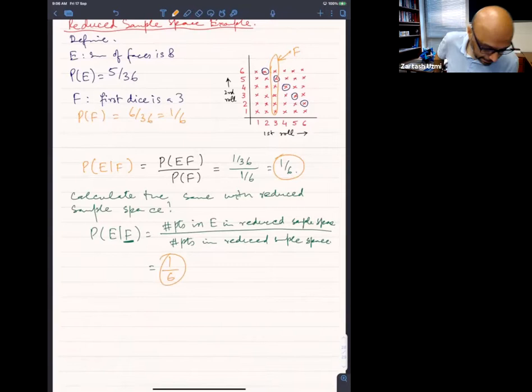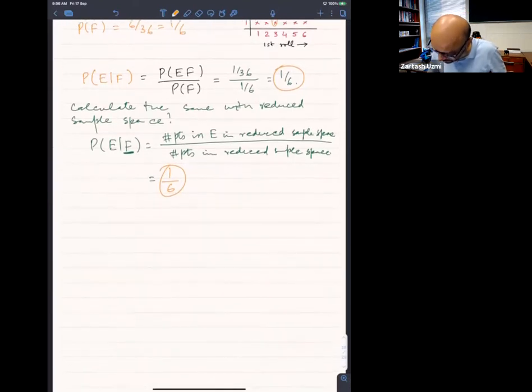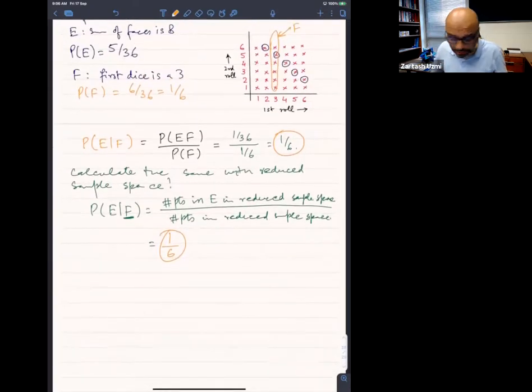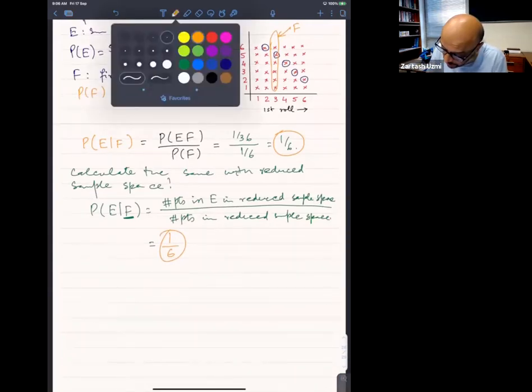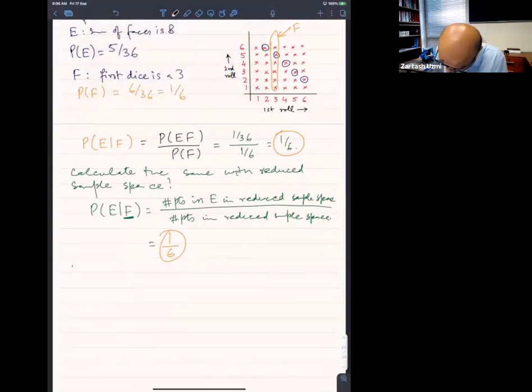So I'm going to close this example, but before I do that, we drew this, copy-pasted it from above, so let's ask one more question here. Let's define an event H. Let's define an event H that the first dice shows a 1.